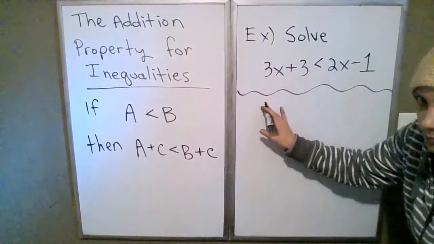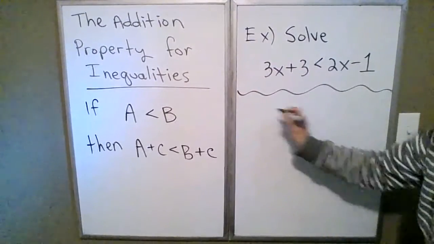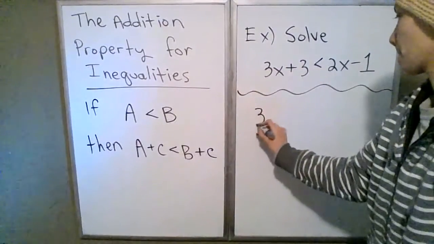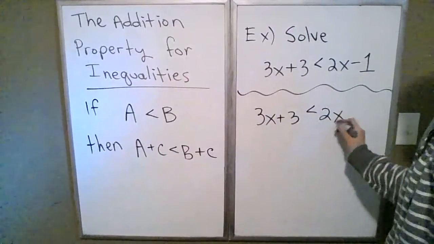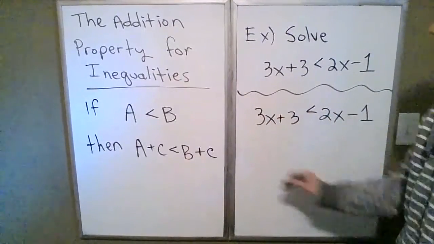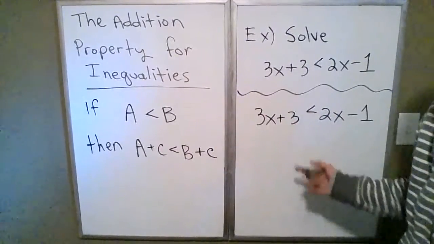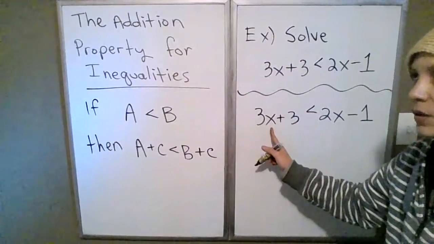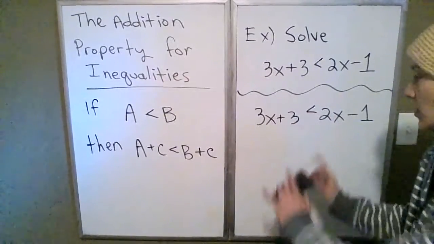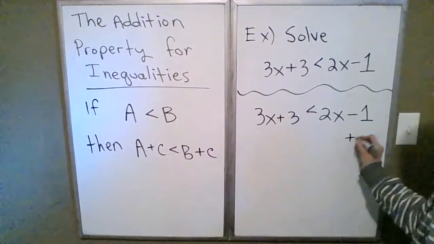Okay, so we would start our scratch work. Rewrite the problem. Then use this property first where I can. Well, I'm trying to isolate the variable x. So I want one value of x on one side of the inequality. So I can get these numbers together by adding 1 to both sides.